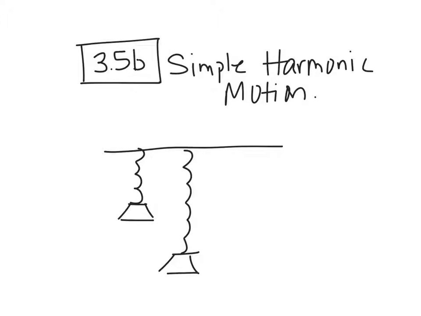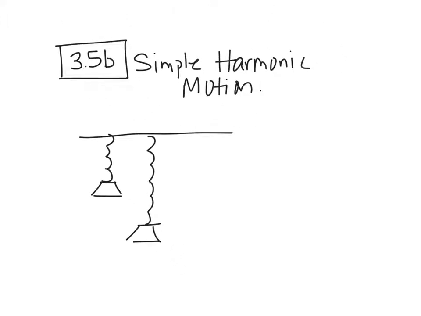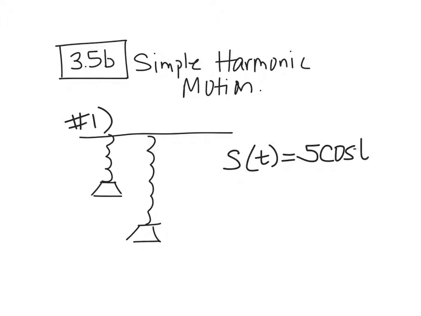Here's the motion given by this spring going up and down. We're going to call this number 1. S equals, let's call it S of t. S of t is equal to 5 cosine t. The rest is at s equals 0.